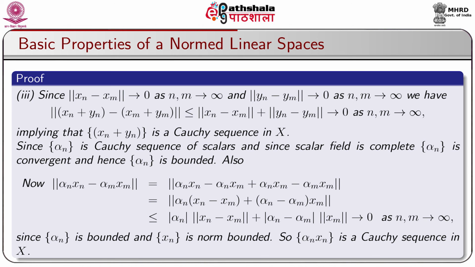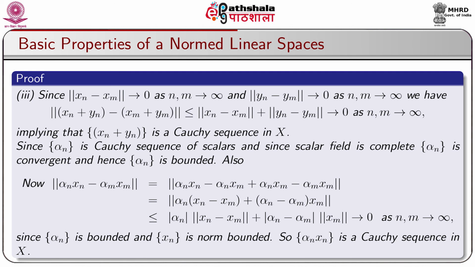Also, norm of alpha n xn minus alpha m xm is equal to norm of alpha n xn minus alpha n xm plus alpha n xm minus alpha m xm, by the mutual adjustment of the term alpha n xm, which is equal to norm of alpha n into xn minus xm plus alpha n minus alpha m into xm, which is always less than or equal to modulus of alpha n norm of xn minus xm plus modulus of alpha n minus alpha m norm of xm, which tends to 0 as n, m tends to infinity.